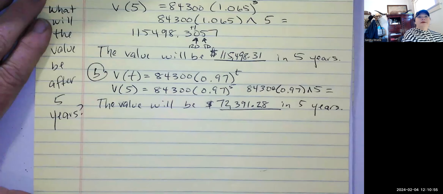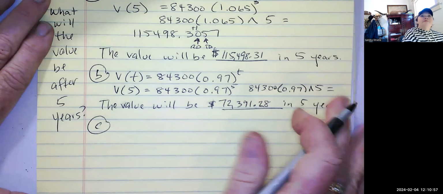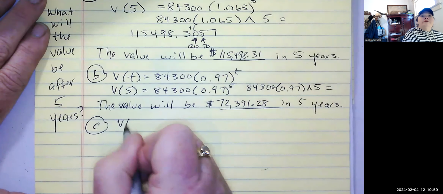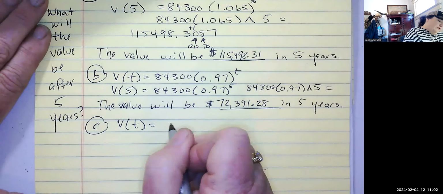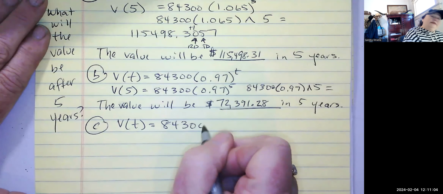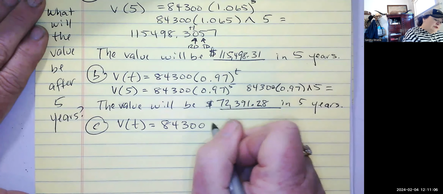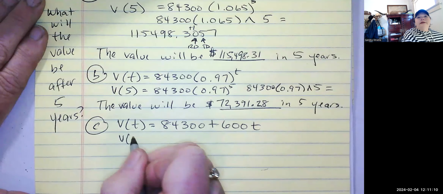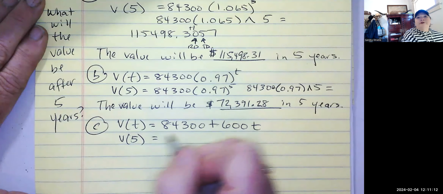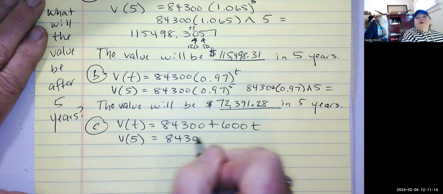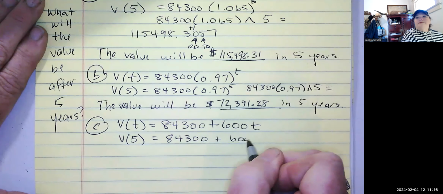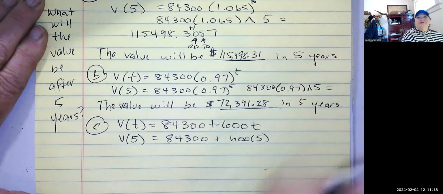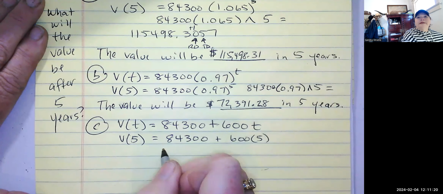All right, there's B. C, what will the value be after 5 years if V of T is equal to 84,300 plus 600 T? This one was the linear function growth and was growing at 600 per year. All right, so we're plugging it in to see what it's going to be worth in 5 years. So everywhere there's a T, I'm just going to plug in a 5. To put this in your calculator, I'm going to clean this up a little bit.